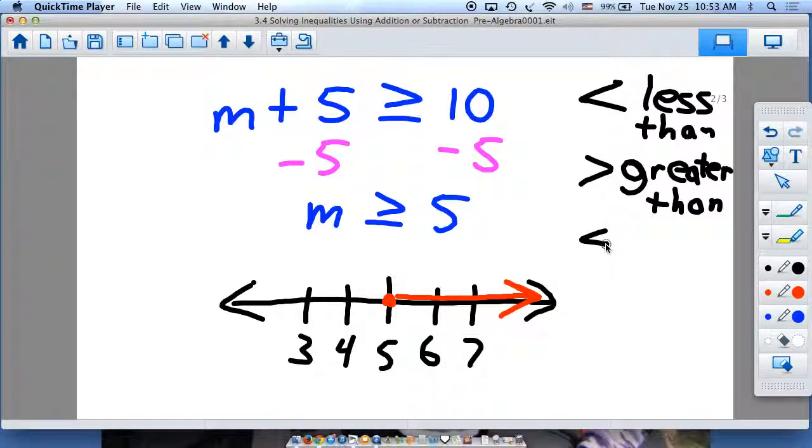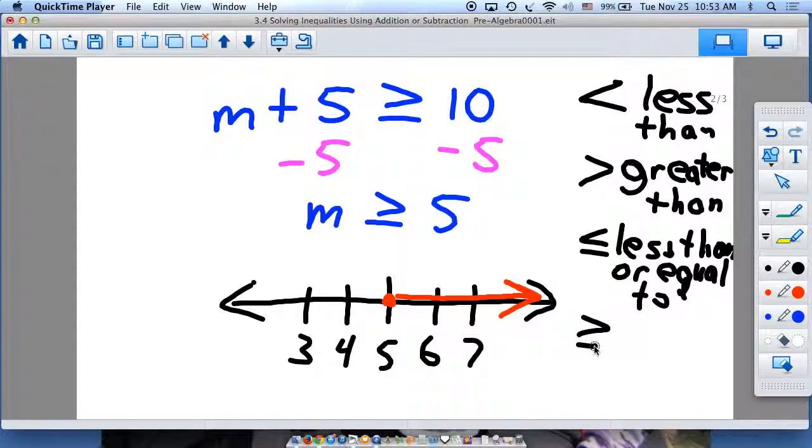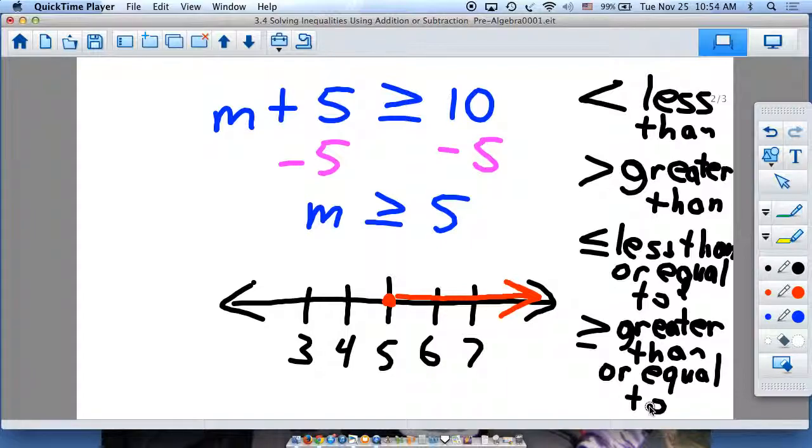We have less than or equal to when we put that equal sign down there on the bottom, below the symbol. And then we have greater than or equal to. Make sure you understand how to read those.